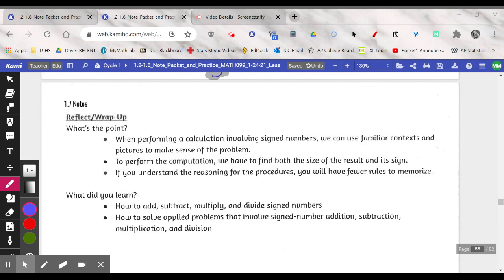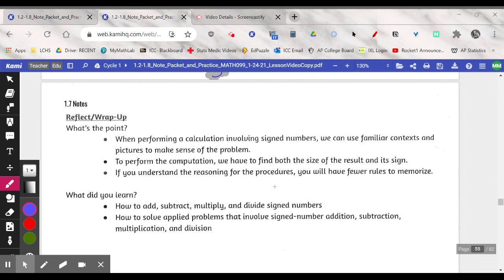So looking at this section, the point is, when performing a calculation involving signed numbers, we can use familiar context and pictures to make sense of the problem. So number lines can help a lot. To perform the computation, we have to find both the size of the result and its sign.